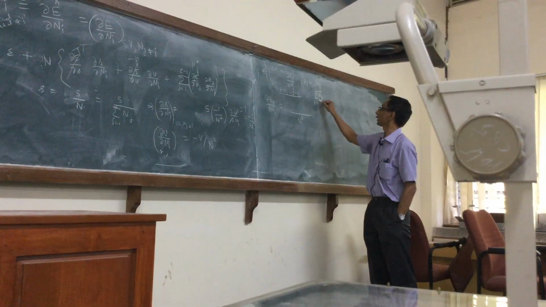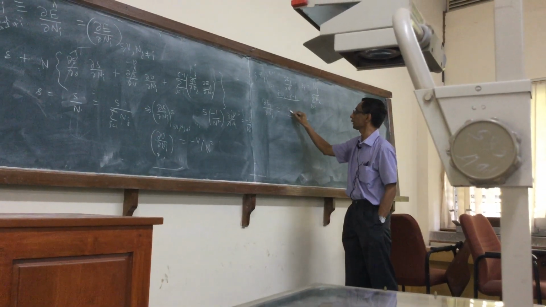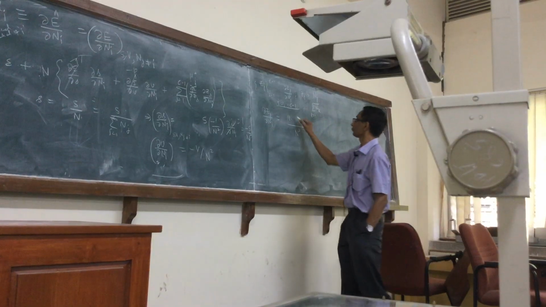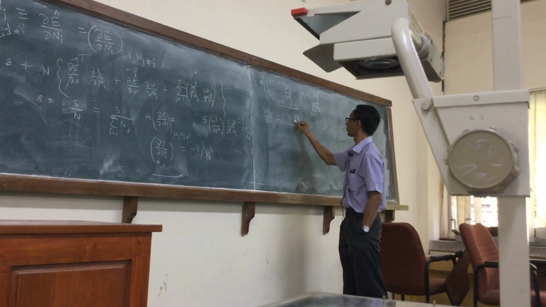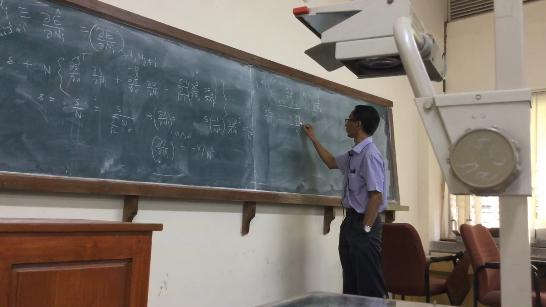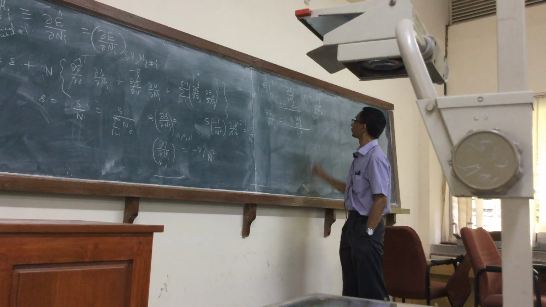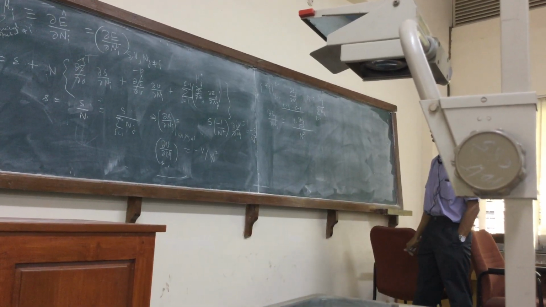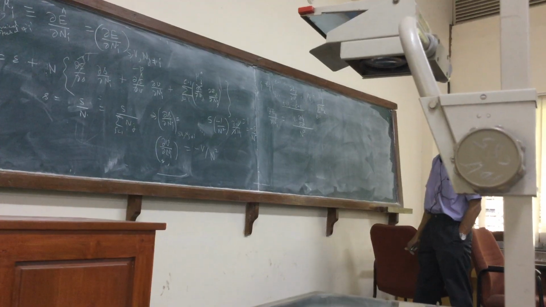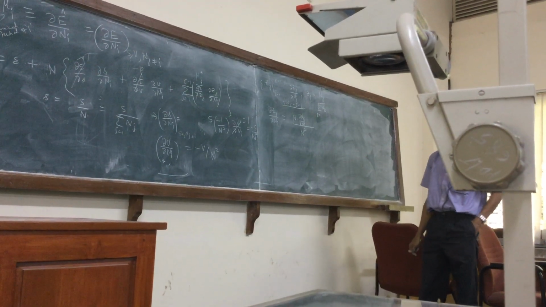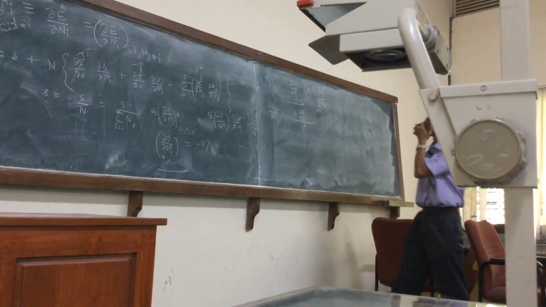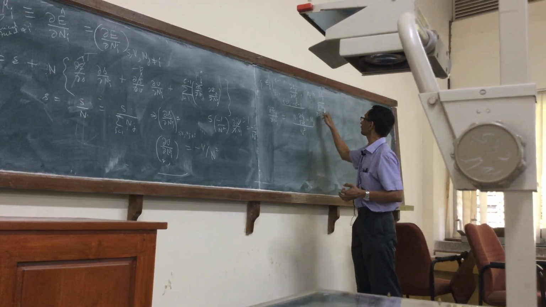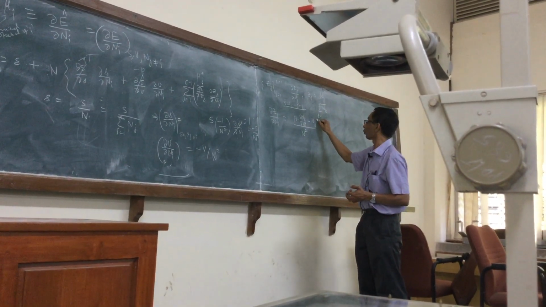So N squared. And then I'll get N times dNj by dNi, so let me write that, minus Nj times dN by dNi, which is 1.